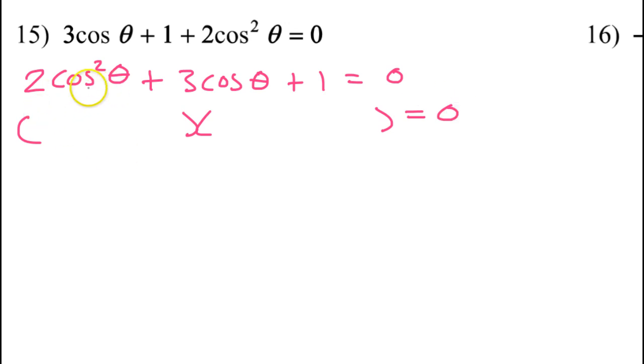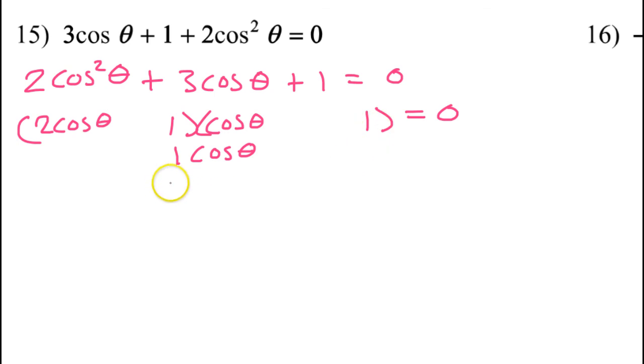2 cosine squared can only factor as 2 cosine theta times cosine theta. Skip over to the 1. 1 can only factor as 1 times 1. Now here's the key. Inner plus outer must equal the middle. Inner, I'm talking about these 2, will be 1 cosine theta. Outer, I'm referring to these 2.